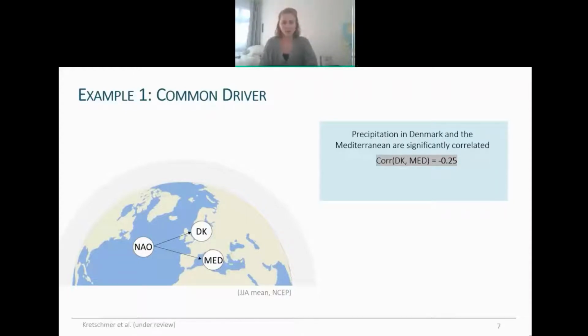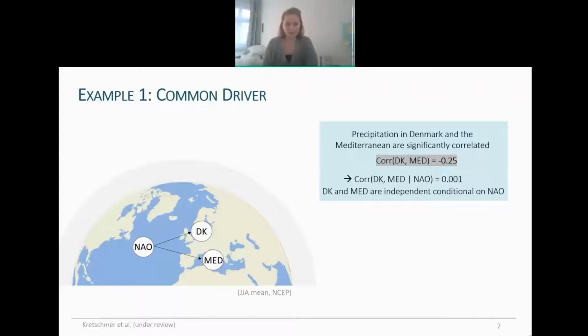But again, we would not interpret this as a causal relationship because we know that precipitation in both regions is affected by the position of the North Atlantic storm tracks, as for example expressed by the NAO. So indeed, we can check this assumption and calculate the partial correlations, and we would find that once we control for the NAO, the correlation between precipitation in these regions actually drops to 0.